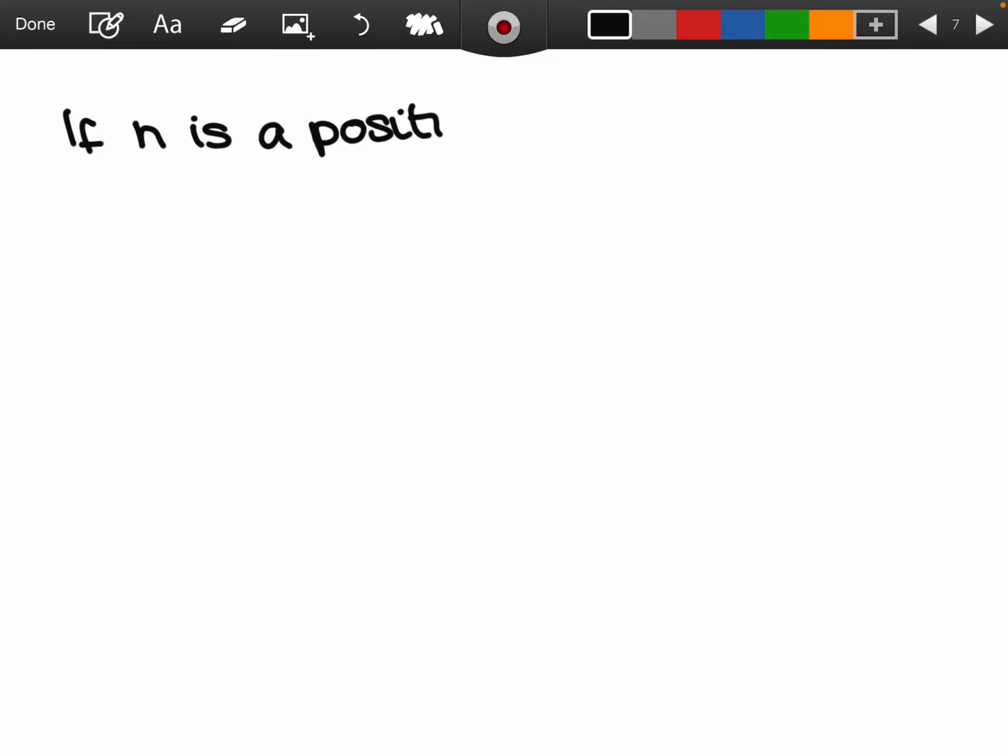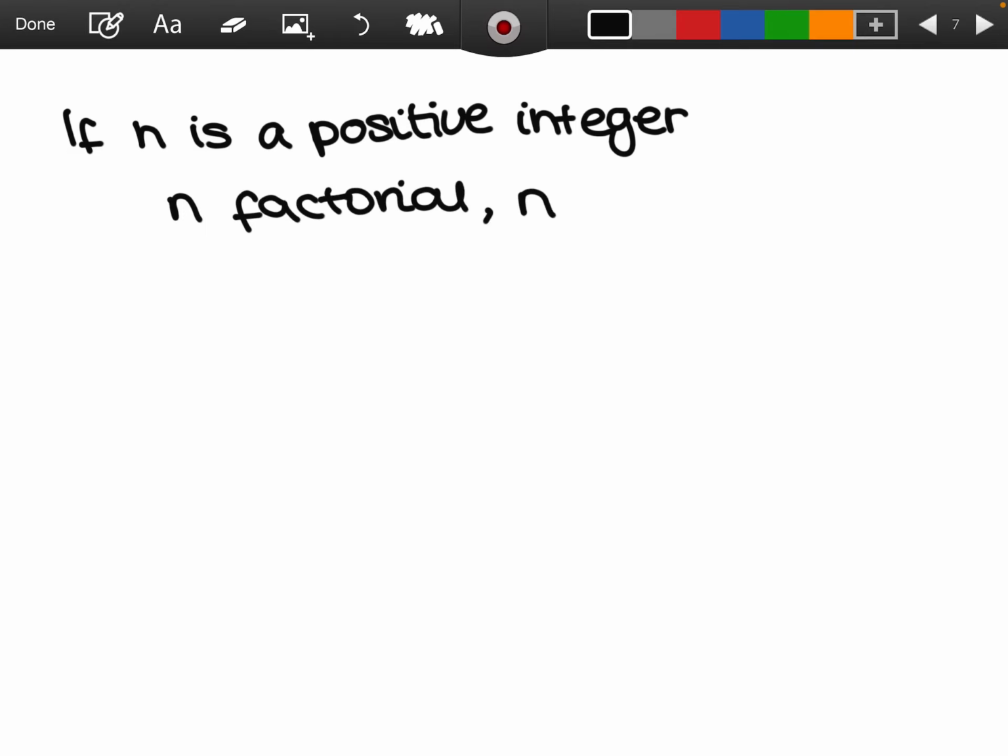Okay, so if n is a positive integer, then n factorial is actually denoted by n with an exclamation point after it. N factorial is defined as n multiplied by n minus 1 multiplied by n minus 2 all the way down to 1. Okay.